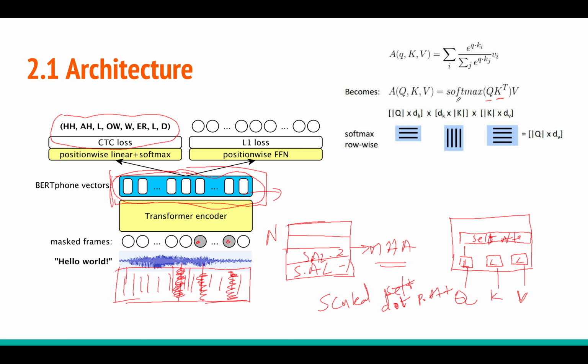Once you apply the dot product, you take the softmax, which gives you the attention weights, right? And then you use these attention weights to select the actual output from value, which is the same as key, and then you get the attention output, right? As simple as that. That is the simple self attention layer.